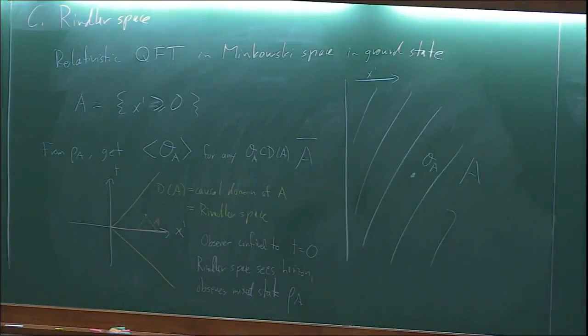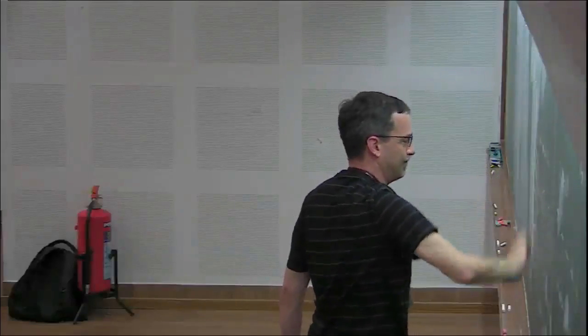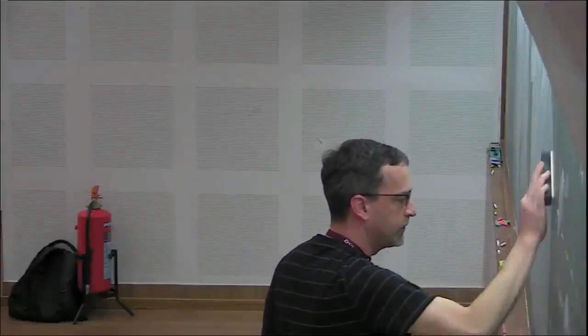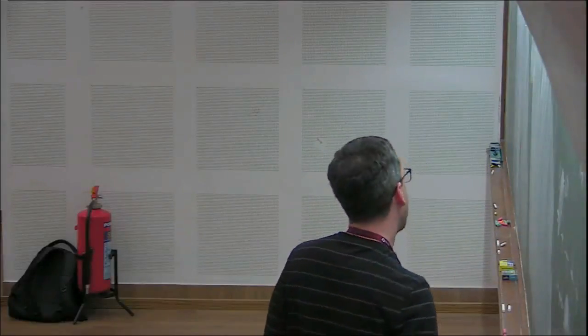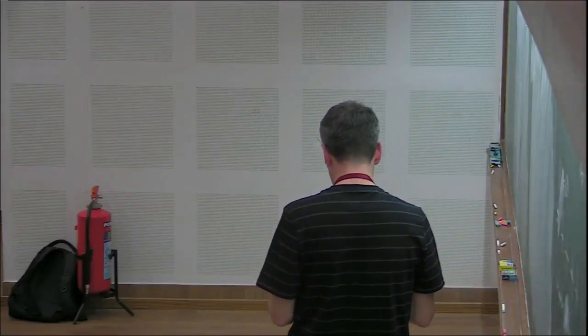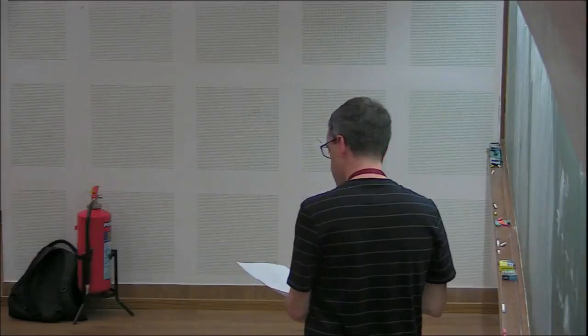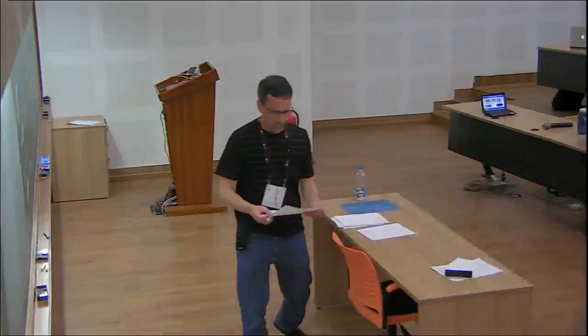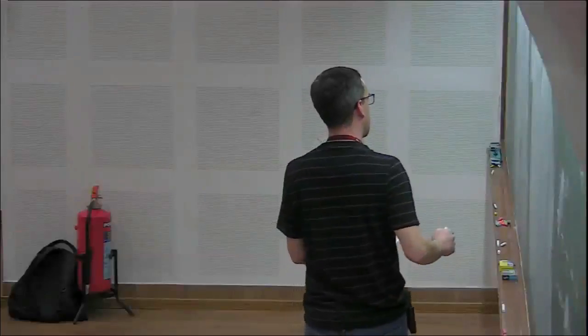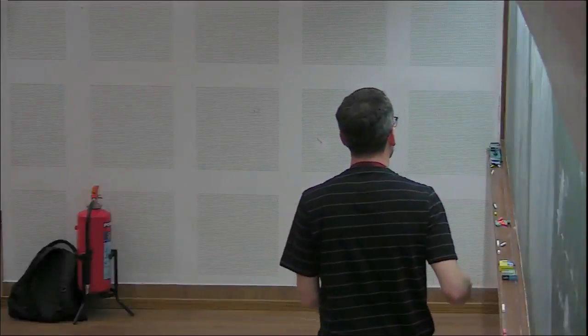Here we're going to use some quantum field theory tricks. Specifically, we're going to go to a Euclidean path integral description. And we're going to try to be explicit about what this rho sub A is.